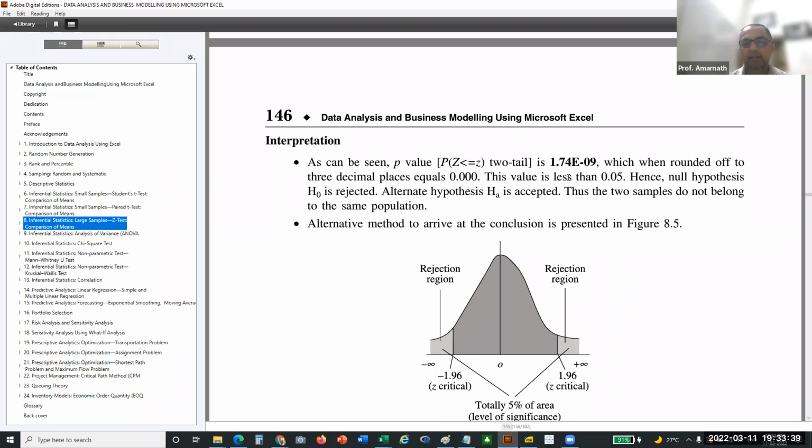The null hypothesis is rejected, the alternative hypothesis is accepted. Thus, the two samples do not belong to the same population.